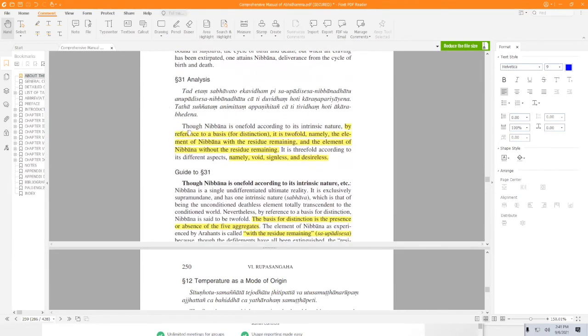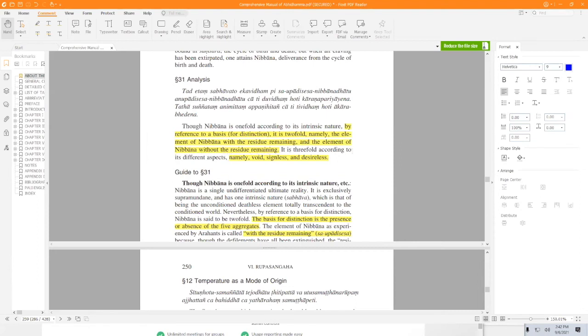And then the text explains that even though Nibbana is one-fold according to its inherent nature, its intrinsic nature, it's distinguished sometimes into two elements of Nibbana, the element of Nibbana with the residue remaining and the element of Nibbana without residue remaining.